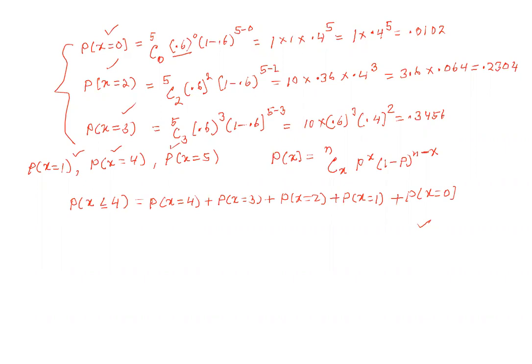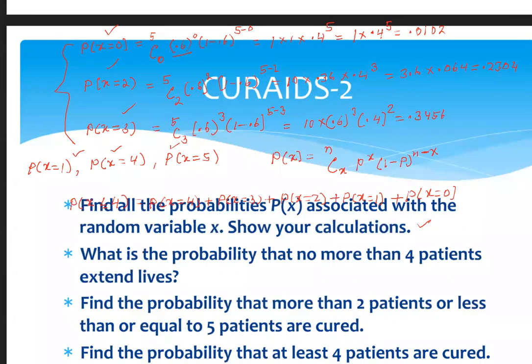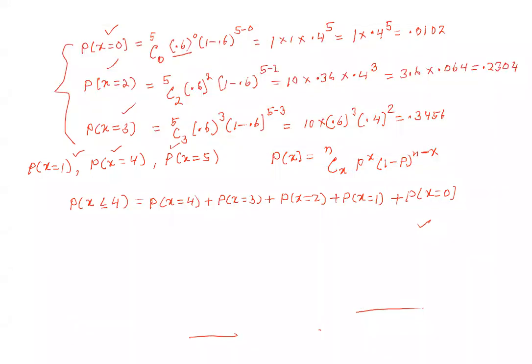That's one question. So the next question is, find the probability that more than 2 and less than or equal to 5 patients extend lives. So probability of 2 less than X less than or equal to 5. So 2 is not included. Remember, it's strictly less than.